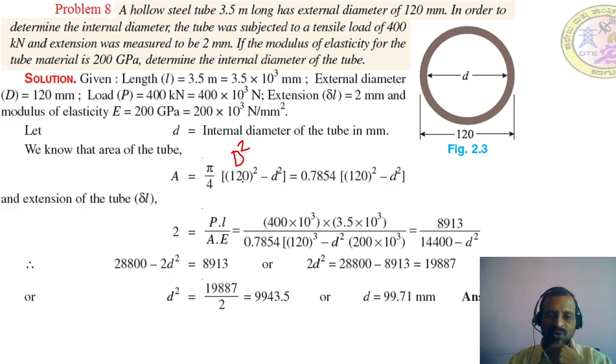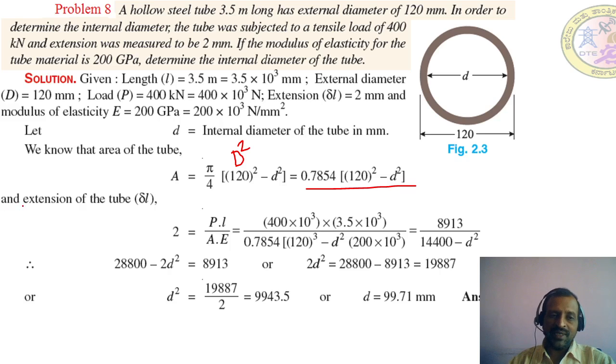Capital D is given in the problem, that is 120 mm. So this is equal to 0.7854 into (120 square minus d square). This is the area now. I am keeping this as it is because I need the d value. The d value is unknown, so that only we need to find out in this problem.